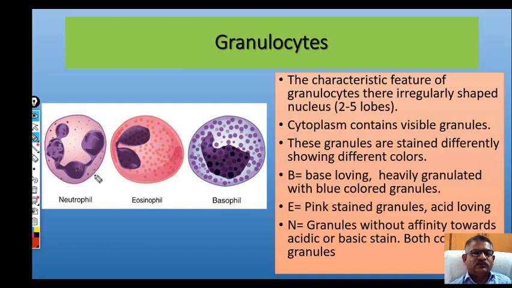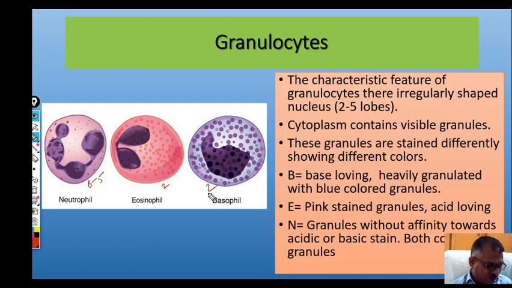Whereas in neutrophils, granules don't have specific affinity towards either basic or acidic dye. The affinity is the same towards both, and therefore both colored granules can be seen. Neutrophils are very easy to identify because they have around 3 to 5 lobes. Like here it is 2 lobes, here also 2 lobes.